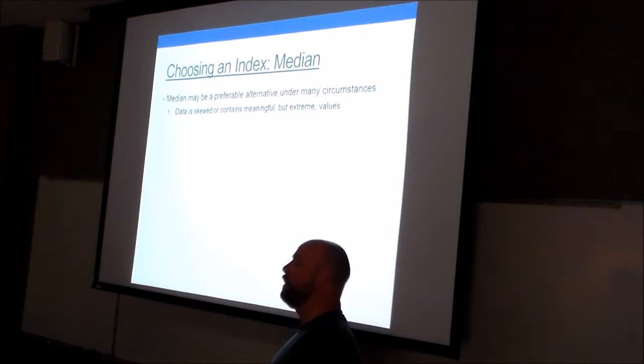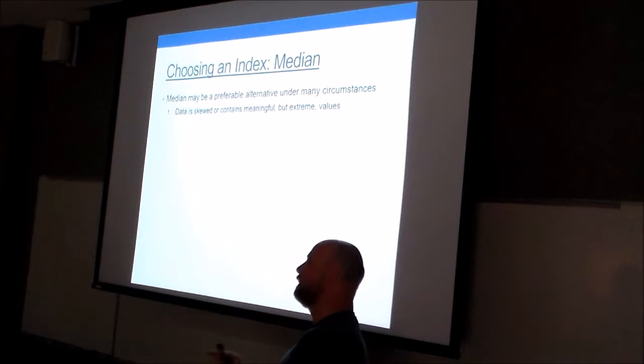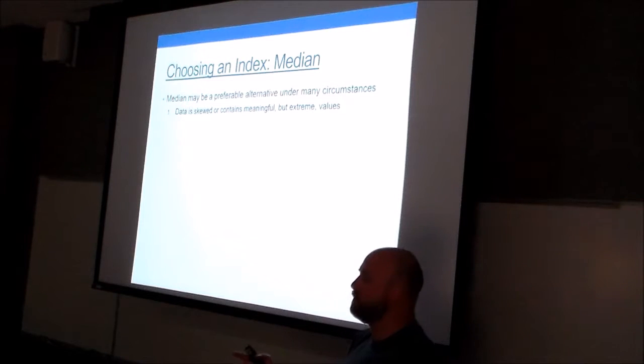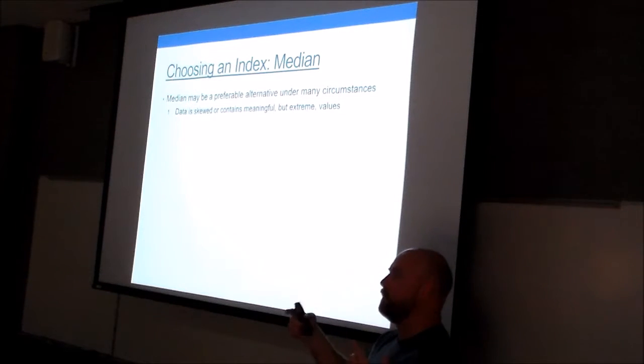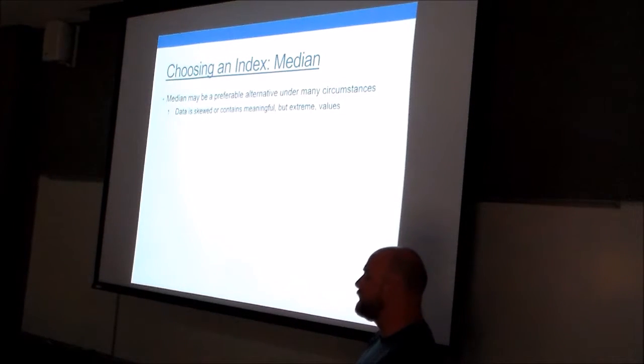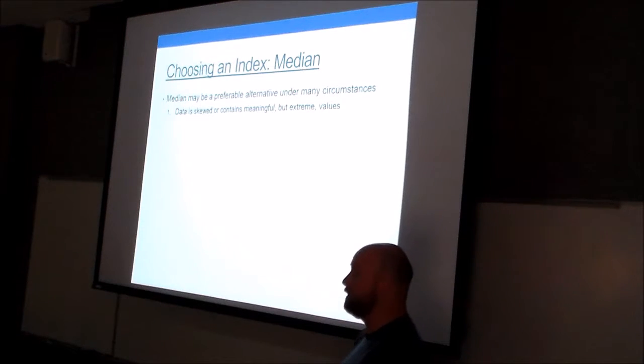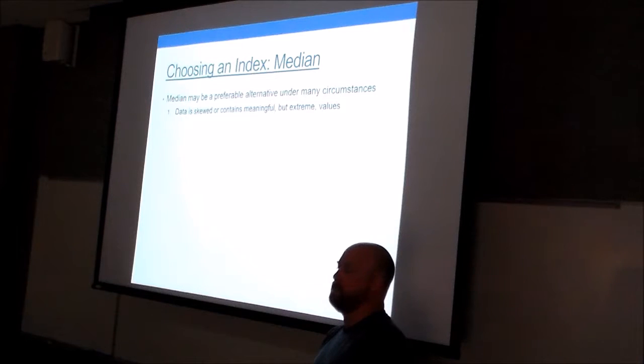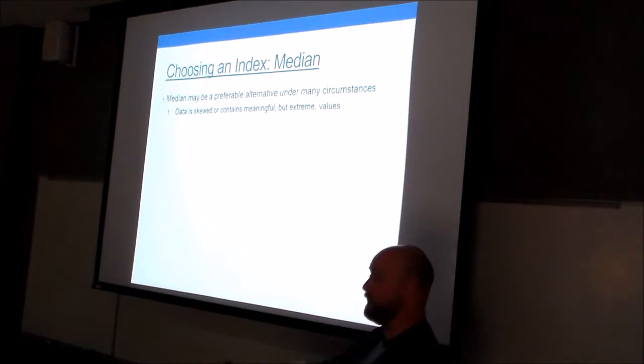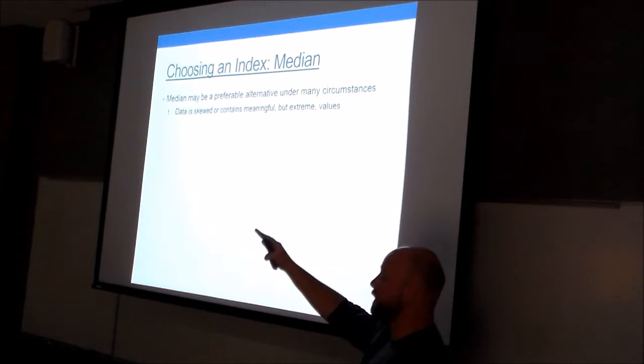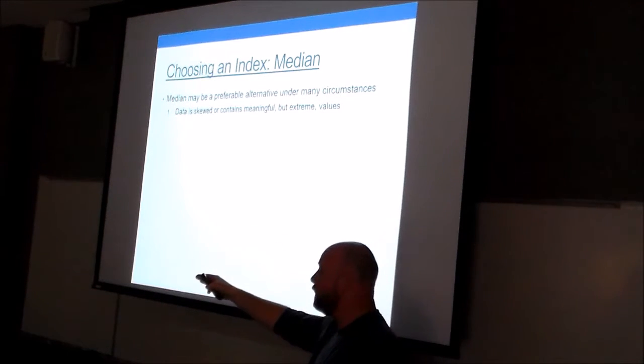Say mean graduate student income is $16,000 a year or something like that, but then you've got a couple of people who are doing something crazy and their annual income is $30,000. It's like twice what the mean is, and there's two of them hanging way out there, lucky bastards.